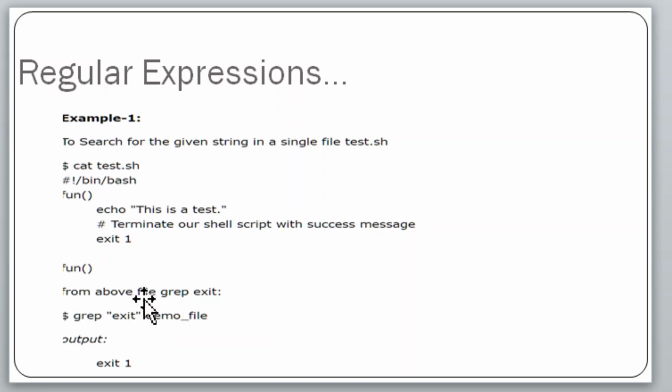So I could do grep exit test.sh, and it would find exit here, and the output would be, hey, I found this line here, and it says exit 1. So that's how we can use grep to find certain phrases in files, which is very useful when you're trying to find something.